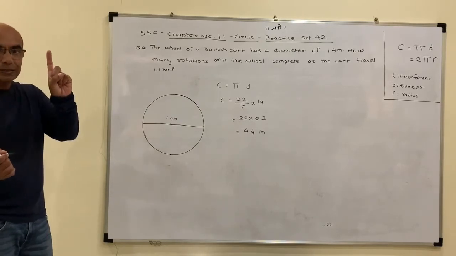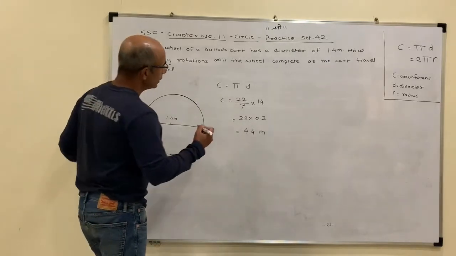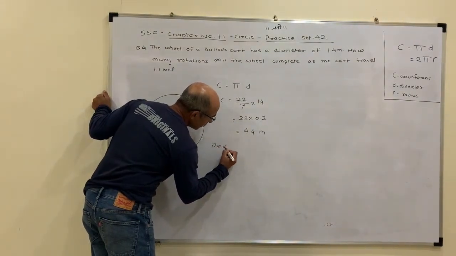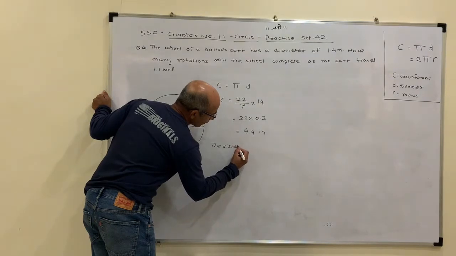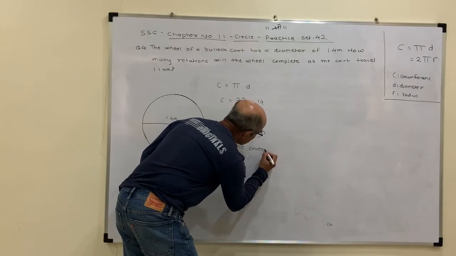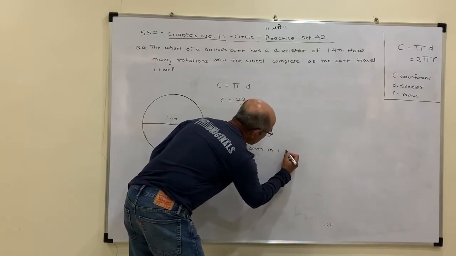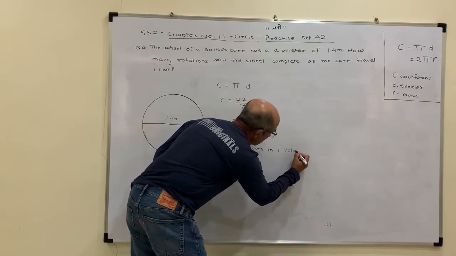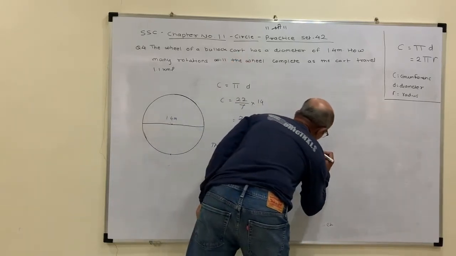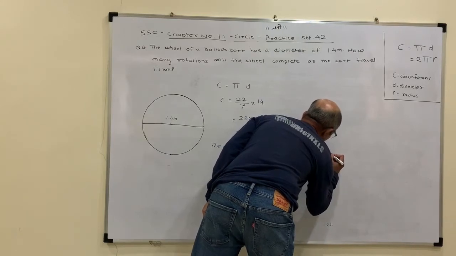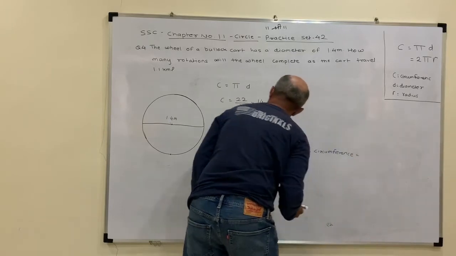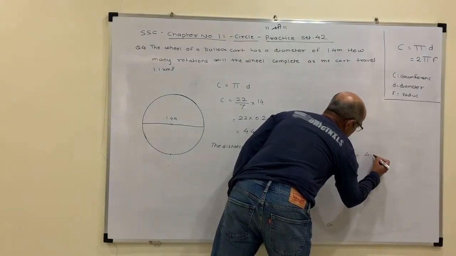So the distance the wheel covers in one rotation is equal to the circumference, equals 4.4 meters.